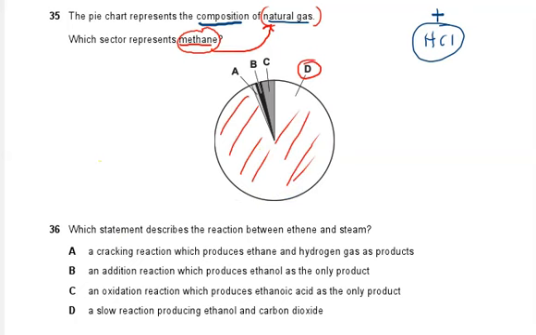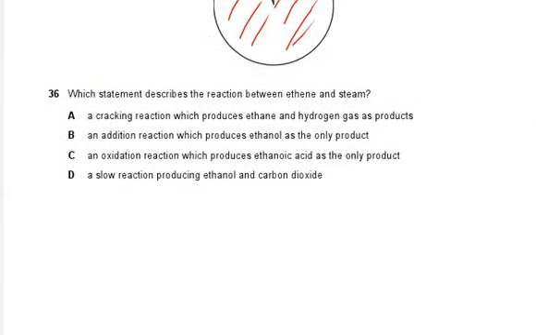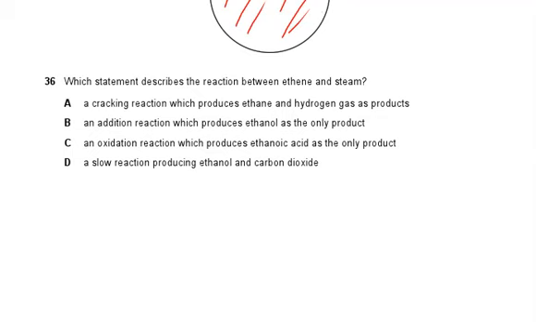Okay, for number 36, which statement describes the reaction between ethene and steam? This is for the production of alcohol, ethanol. As there is a double bond, it is unsaturated.